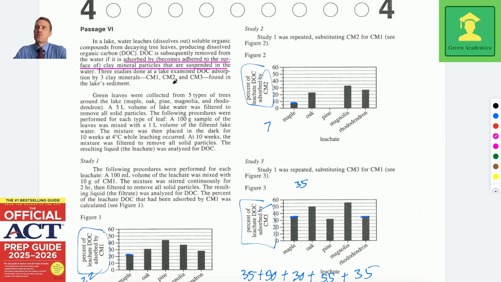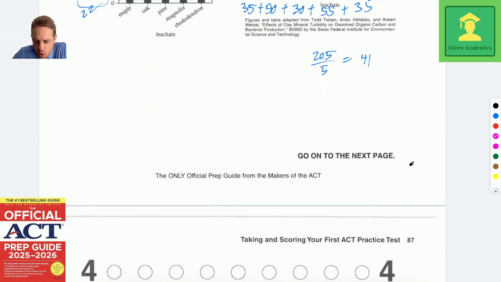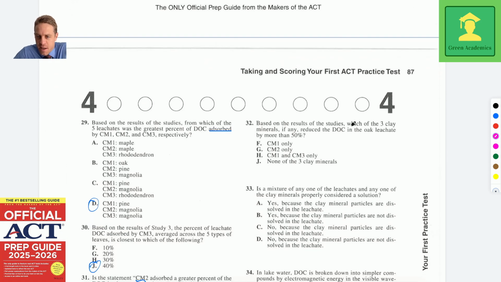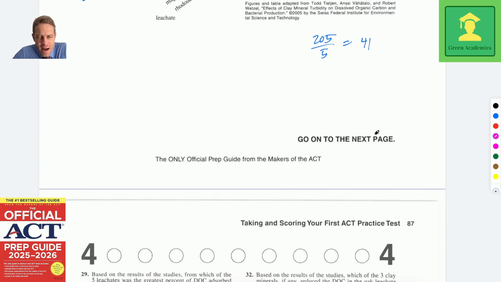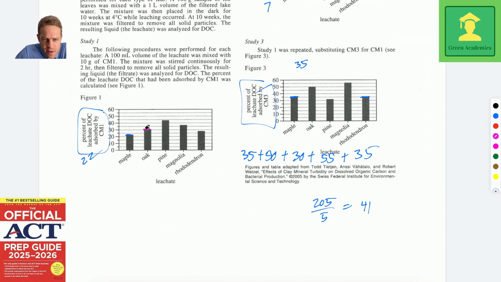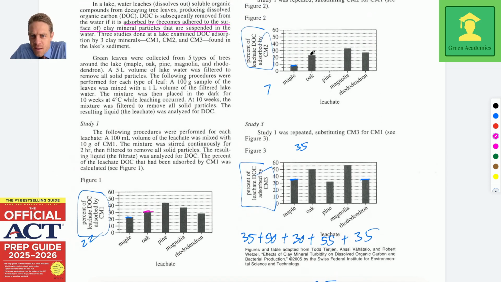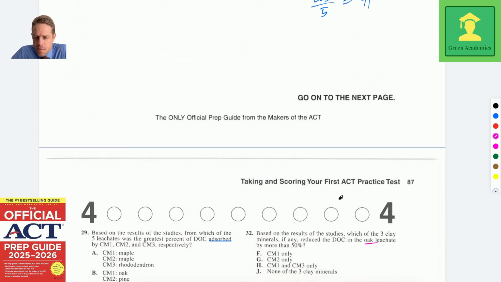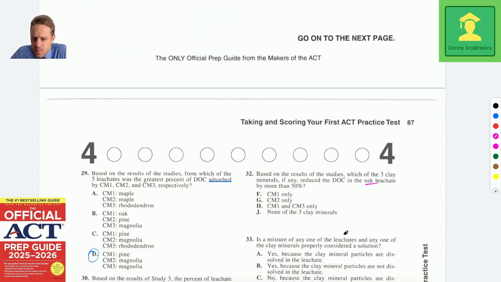So in order to reduce it by more than 50%, more than 50% has to be adsorbed. So it's asking effectively how many of the three for the oak are higher than 50. So oak is 30, so no, and then 20 something, so no, and then that one seems like it's exactly 50.